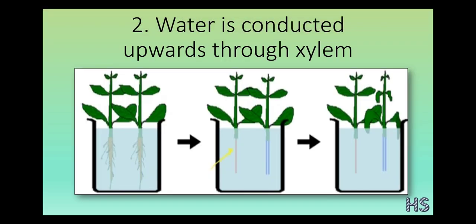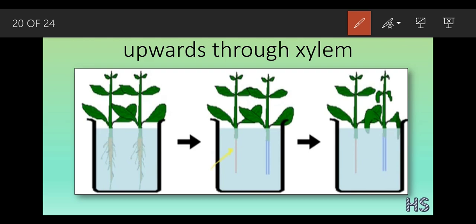Now, as we have studied about xylem, water is conducted upward through xylem. Now, this is beaker A, beaker B, and beaker C. In beaker A, there are two plants which have been kept.